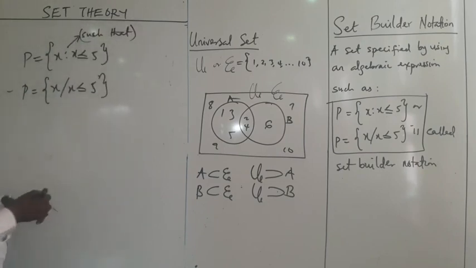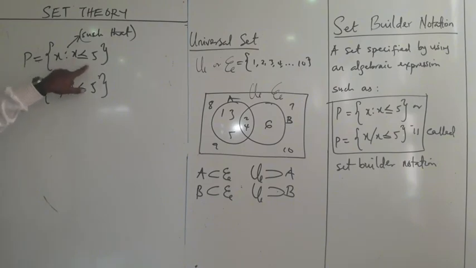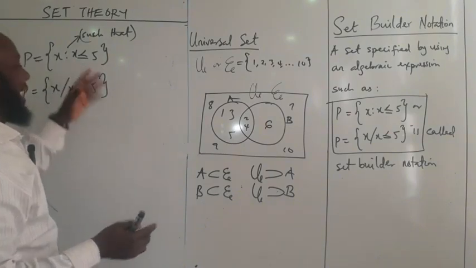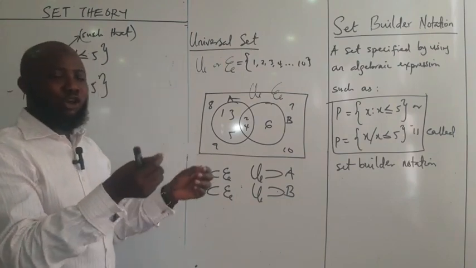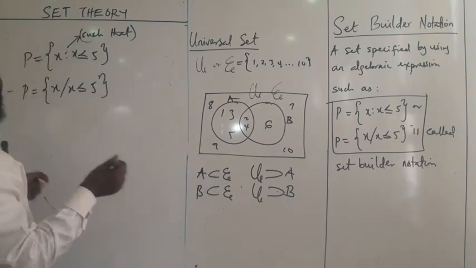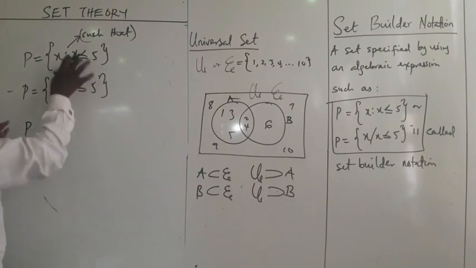That's the interpretation. So it's telling us X such that X is less than or equal to 5. Then we are looking at all the values that are less than and also equal to 5.